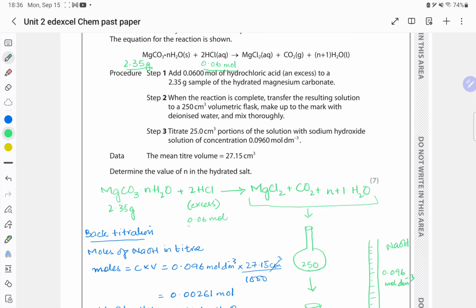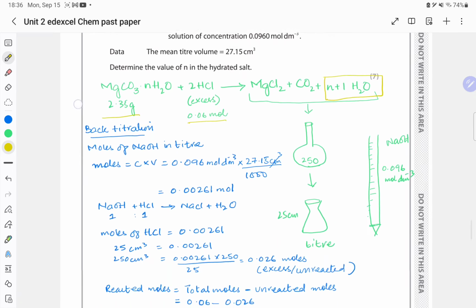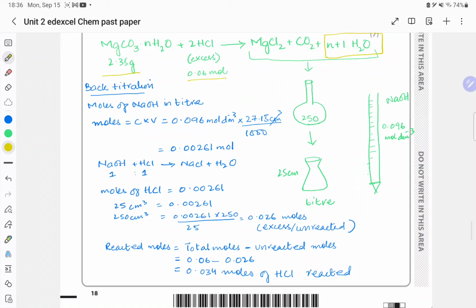So basically we are adding this many moles into this many grams of sample, and the products are already given in the equation, so you don't need to worry about the product. Here what we are more interested in is finding the value of n. Basically it's a back titration process.